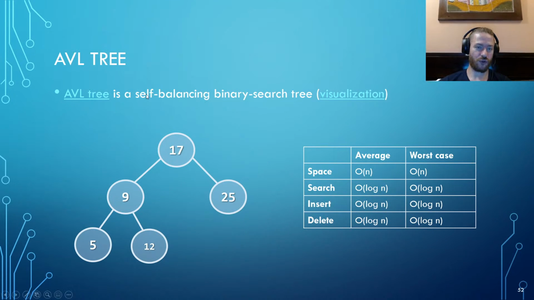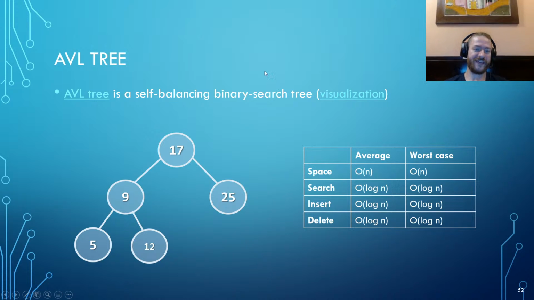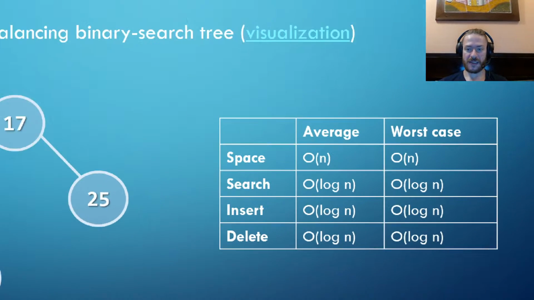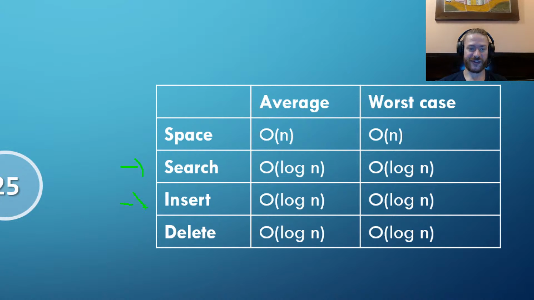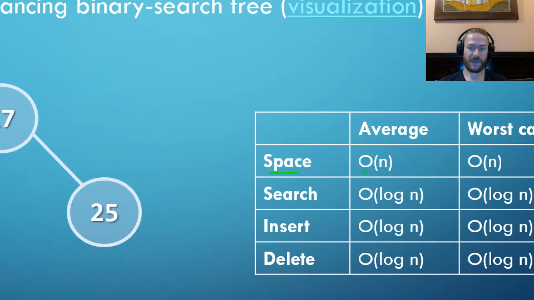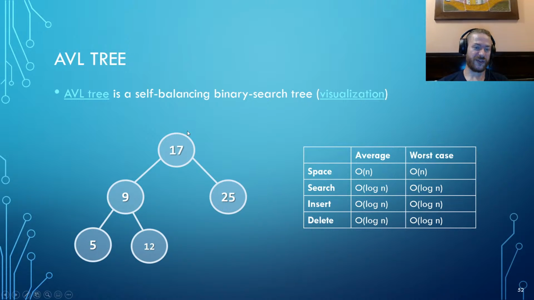So the AVL tree is a binary search tree, the same thing, but it can rebalance itself every time it goes off balance. It has very good search, insert, and delete operations. It's super fast, and in terms of space, it takes as many nodes as it has, so it's n.